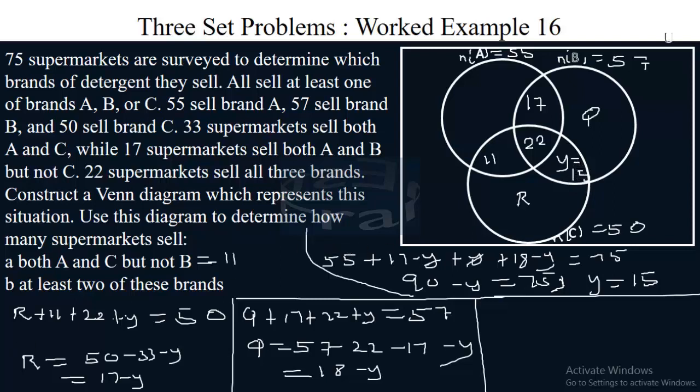At least 2 of these brands will be 17 plus 22 plus 11 plus 15, and this will give us 65. So 65 supermarkets. At least 2 means 2 or more.